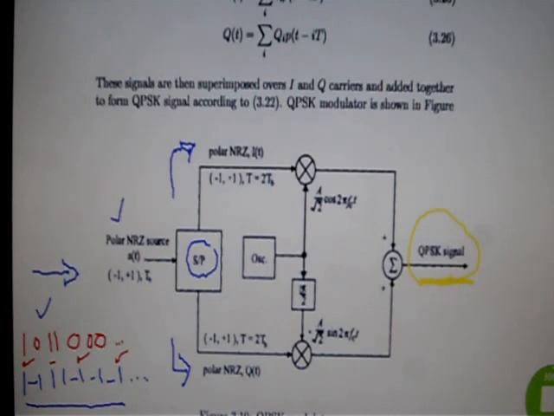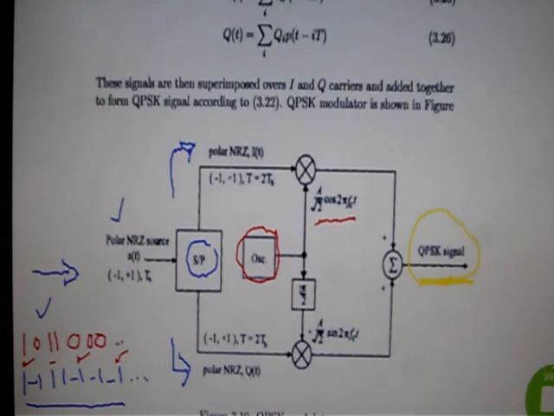So these bits would be carried by the in-phase carrier. You have an oscillator in the diagram, and this oscillator gives you an output A over under root 2, which is just a scaling factor. Actually, it gives you the sinusoid cos of 2 pi fc t.